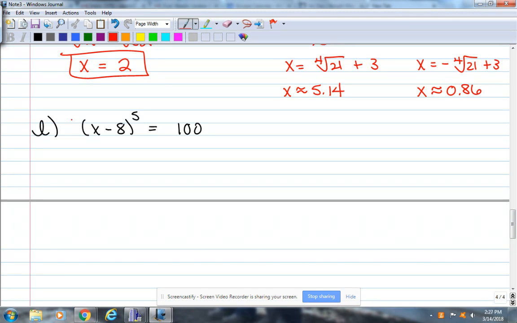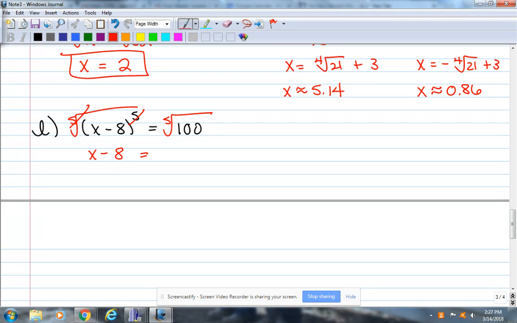Take the 5th root of everything. Cancel, cancel, x minus 8. Now, if I'm taking the odd exponent, do I have to do plus or minus, or just take it as it is? Oh, no. It's odd, so I just do it like it is, right? So I only have one solution.